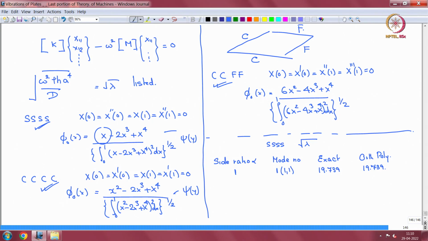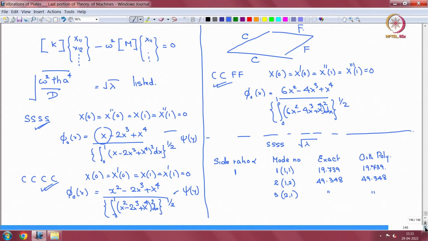Then the second is the 1,2 mode, 49.348, and this also is 49.348. It's 2,1. This is a square plate, so you will get the same value.